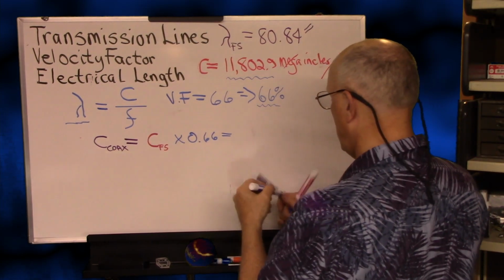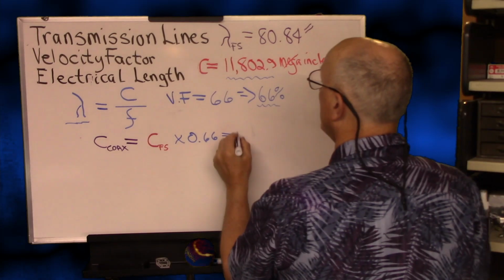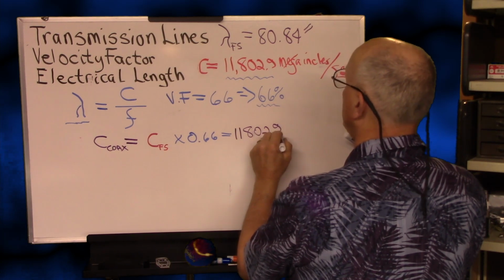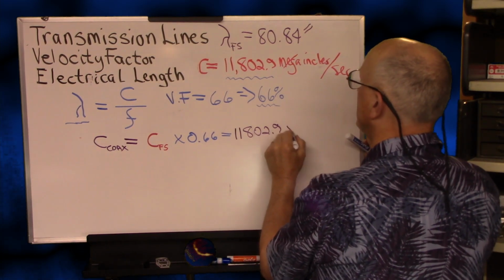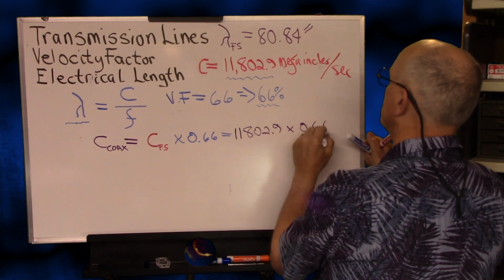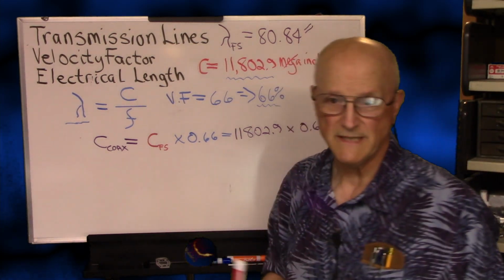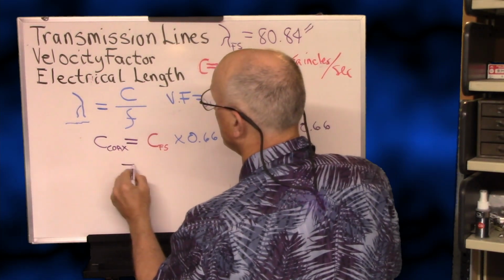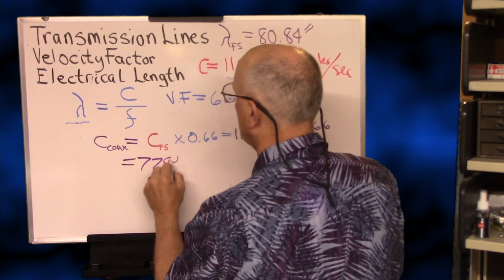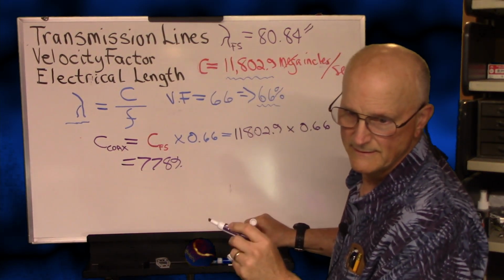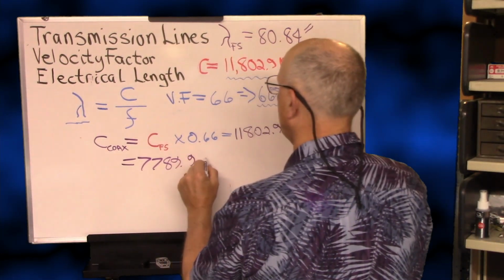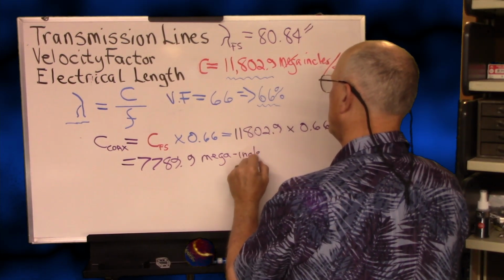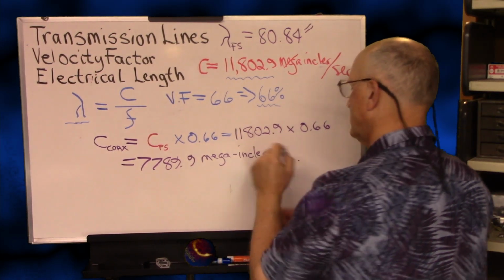So that ends up giving us 11,802.9 times 0.66, which comes out to be 7,789.9 mega inches per second.